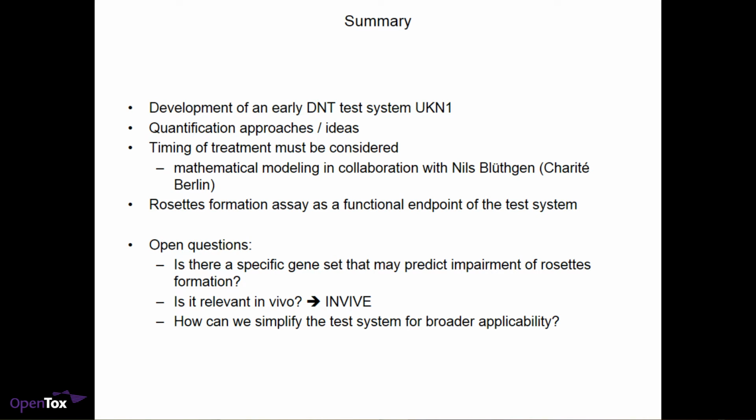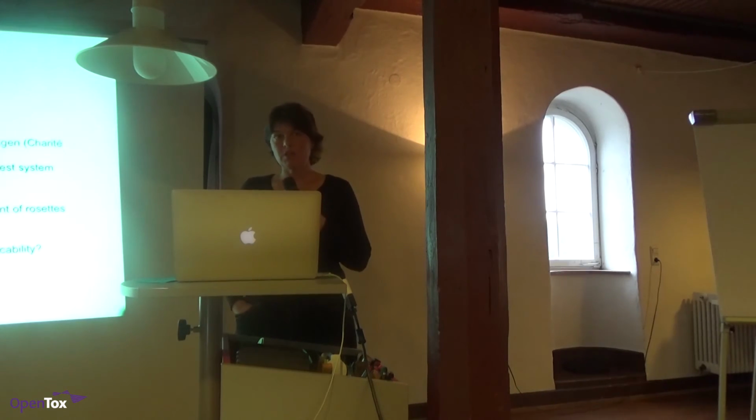Our open questions at the moment are: is there a specific gene set that may predict the impairment of rosette formation, and of course is it relevant in vivo? So the in vitro to in vivo extrapolation has to be done, or is ongoing, and how can we simplify the test system for broader applicability? Because at the moment you have to be really an expert in cell culture to perform these tests.